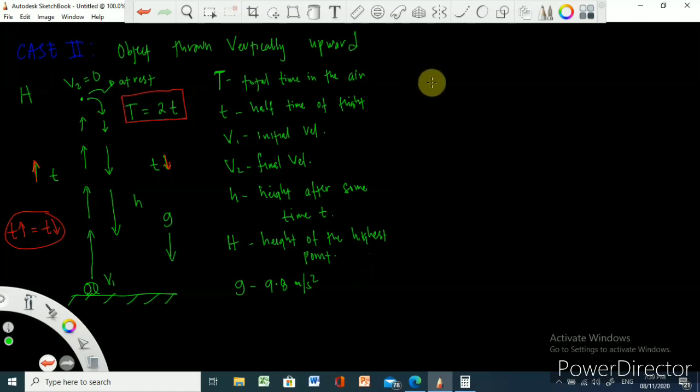So, what are the equations? For time, syempre, kagaya ng nasulat ko dito, capital T is twice the small t. Okay? V1 is equal to gt.